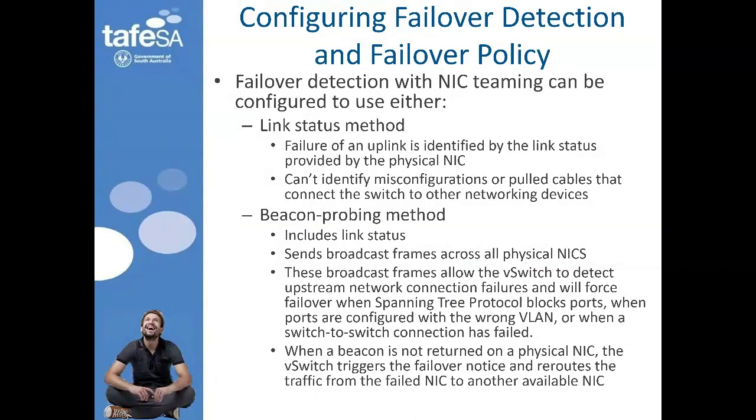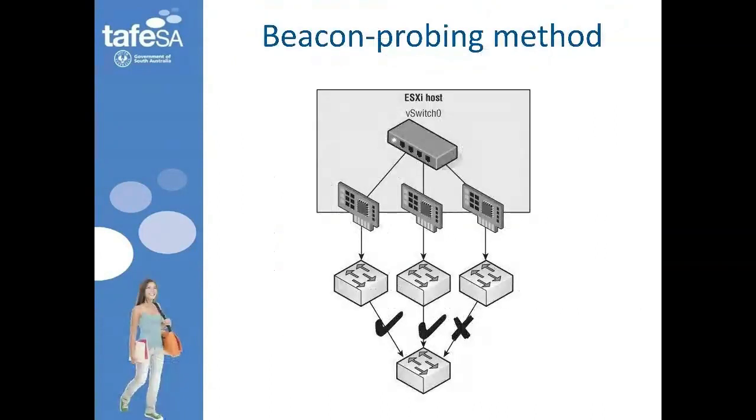These broadcast frames will detect upstream network connection failures and will force failover when the spanning tree protocol blocks ports, when ports are configured with the wrong VLANs, or when a switch-to-switch connection has failed. When a beacon is not returned to the NIC, the virtual switch triggers a failover to reroute the traffic from one failed NIC to another. Where this says reroute, it's not talking about routers here. Reroute means physically switching to another uplink.